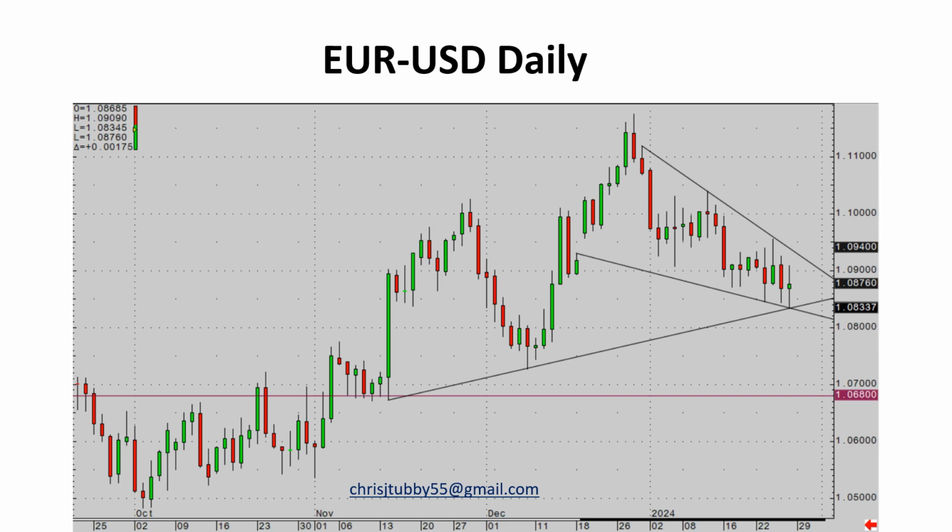Moving on to the euro against the dollar, I've got resistance at 109.40. I've got support at 108.33, and that's where both those lines cross as well for the support level there. And below that, I've got support at 106.80.